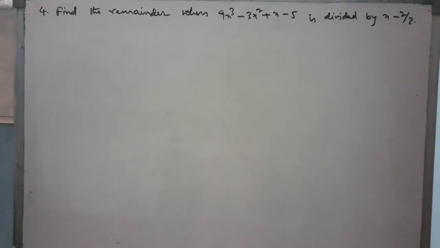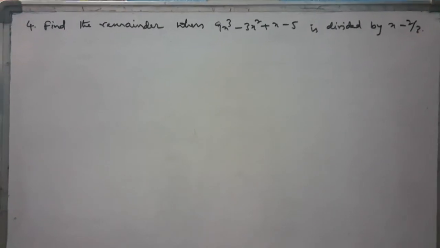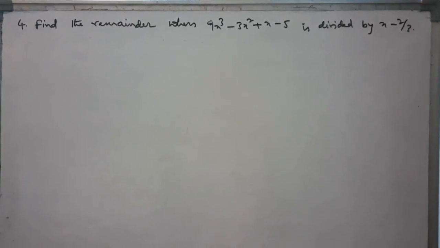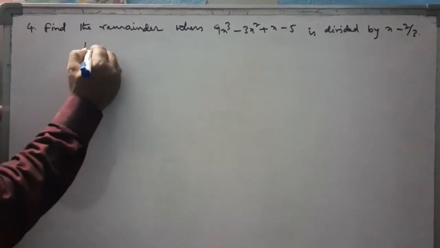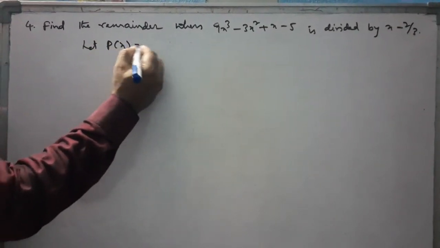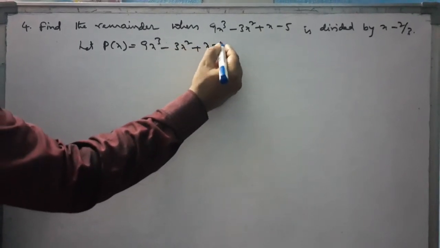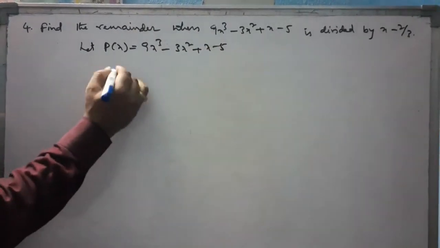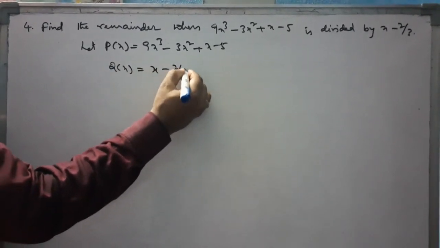So the fourth problem, find the remainder when 9x cube minus 3x square plus x minus 5 is divided by x minus 2 by 3. So here let p of x is equal to 9x cube minus 3x square plus x minus 5. So here q of x is equal to x minus 2 by 3.